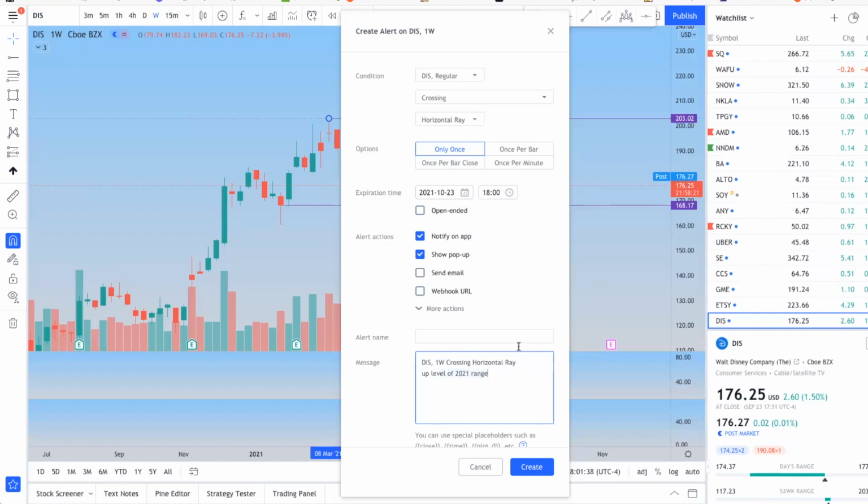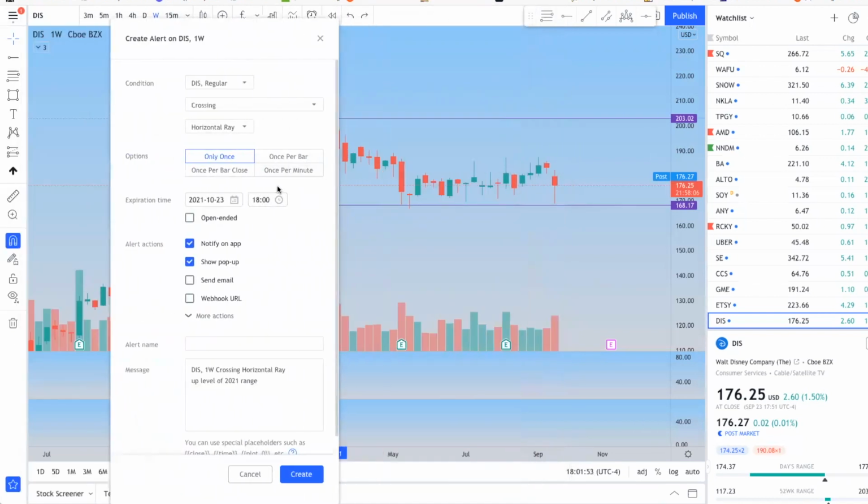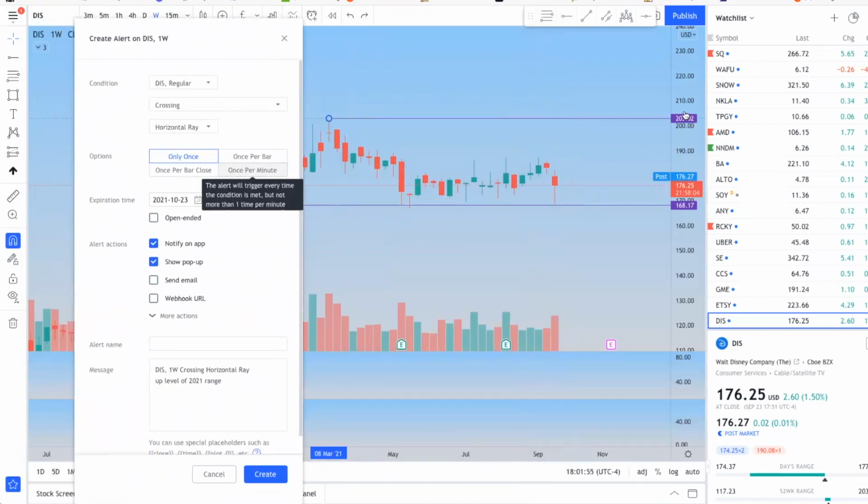What you want in December when it pops up, especially during a busy day when you're going to have 75, 80 alerts, is to know right away what it is and what your play was. So for me, if it crosses 203, I would probably look at calls, let's say around 205.